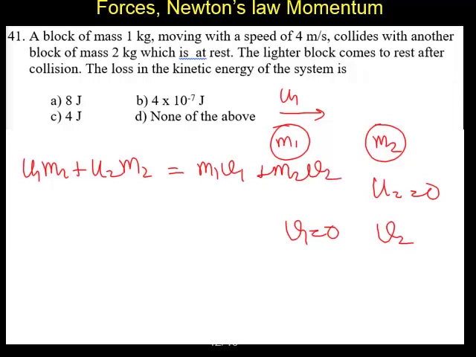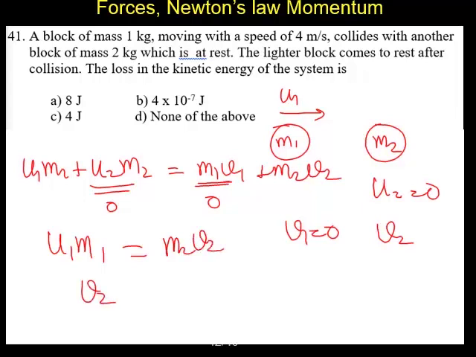Here u2 is 0, so this term becomes 0. v1 is 0, so this term becomes 0. So u1 m1 equals m2 v2. We are supposed to calculate v2, so v2 equals m1 by m2 into u1.